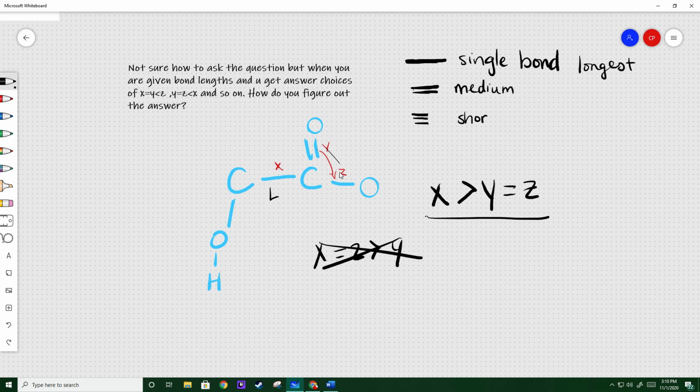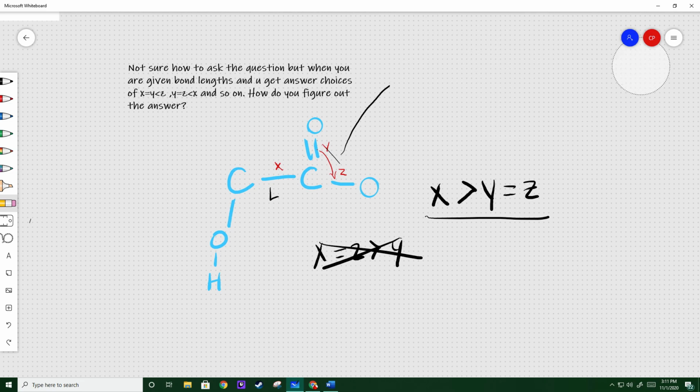If we do have resonance, for like here, it's going to go in between. So let me make this a little bit more clear. Our first and our longest is going to be our single bond. Then in between, we have our resonance double bonds, and resonance means that we can go back and forth between two. Then we have double bonds.